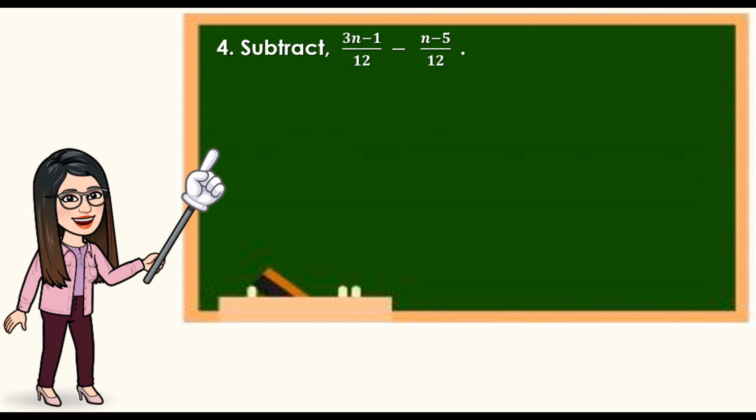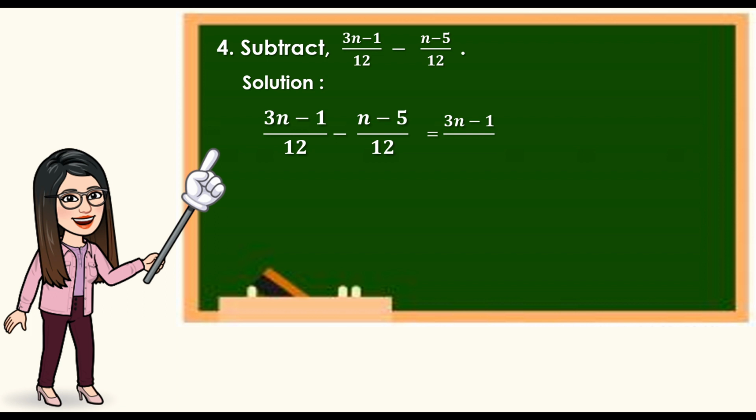Okay, fourth example. Subtract 3n minus 1 over 12 minus n minus 5 all over 12. Okay, let us solve. 3n minus 1 all over 12 minus n minus 5 all over 12 equals.